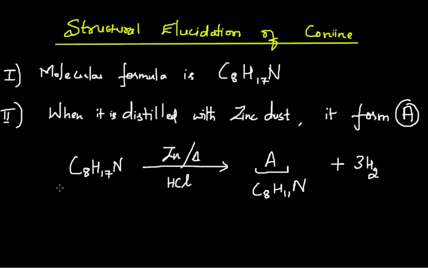So A is short of coniine by 6 hydrogen atoms.